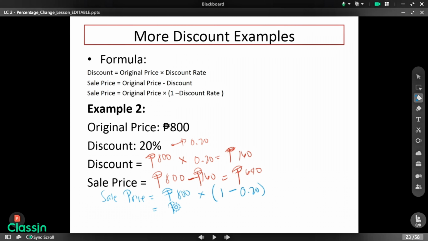So we will have 800 times 0.80. And the answer is still 640 pesos. Meaning, the sale price will be 640 pesos if we have a 20% discount.